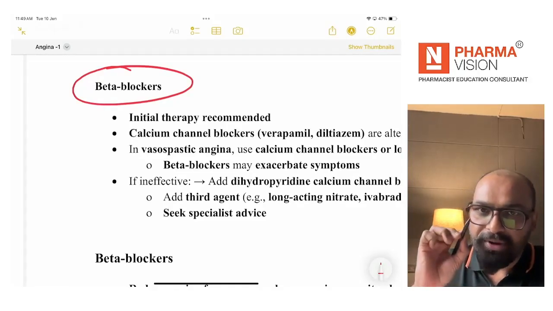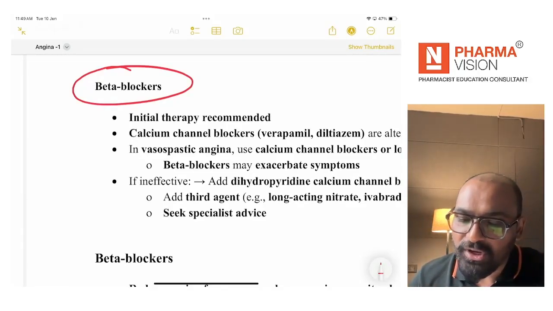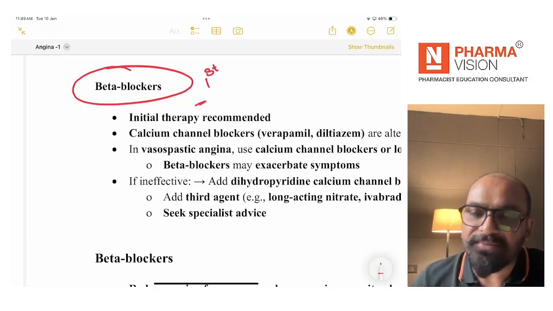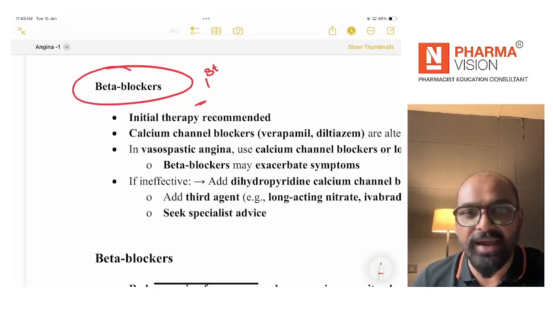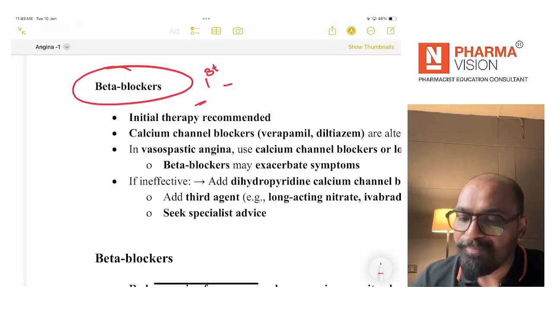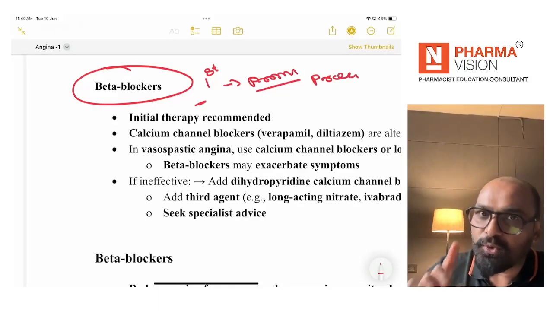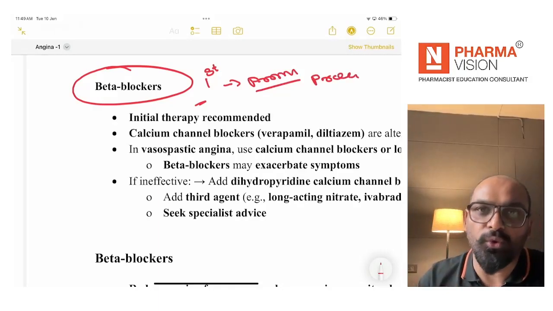Beta blockers are considered as the recommended initial therapy. That means beta blockers are considered the first line treatment for angina management for prophylaxis, that is, symptom prevention.